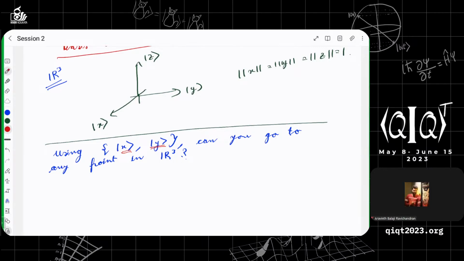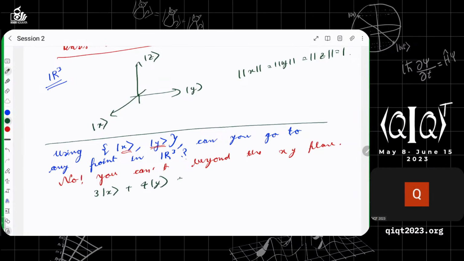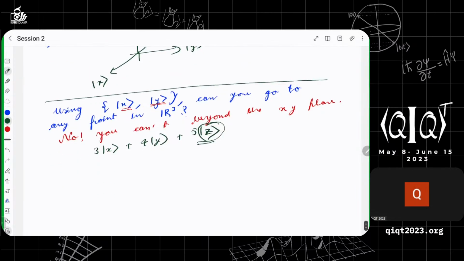No, we can't. So basically, you can't go beyond the XY plane. For example, if you want to go to, say, this vector 3x 4y 5z, you can't, because you need this z ket vector in order to get there. So yeah, you can't do that.